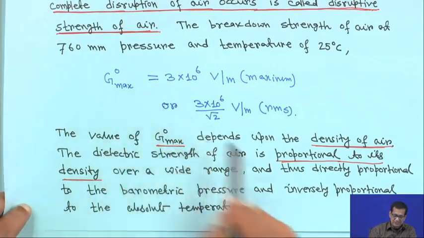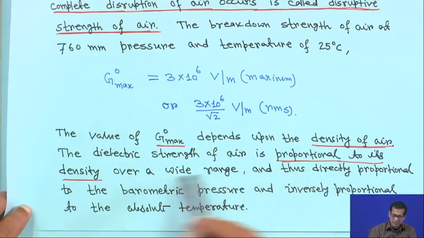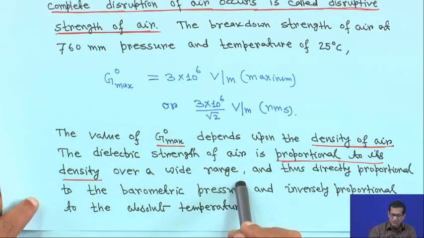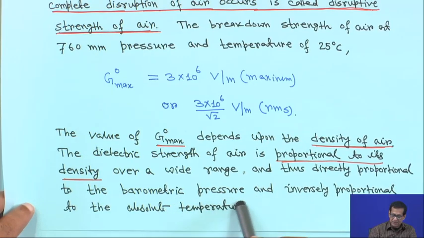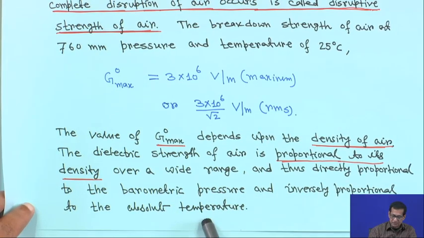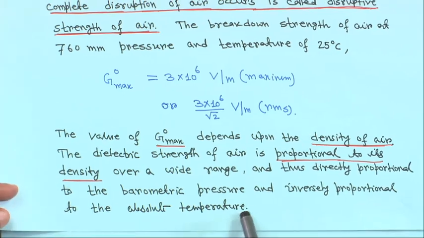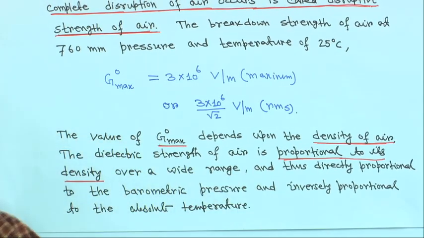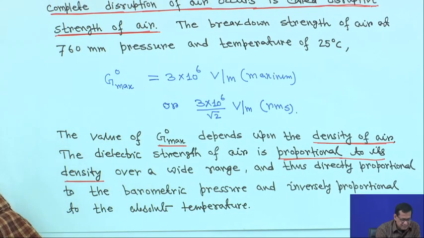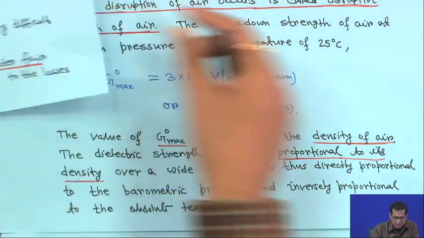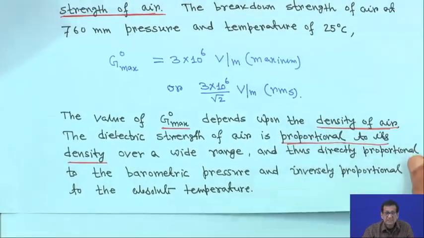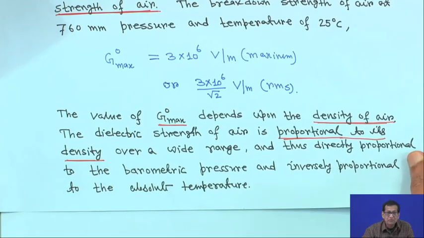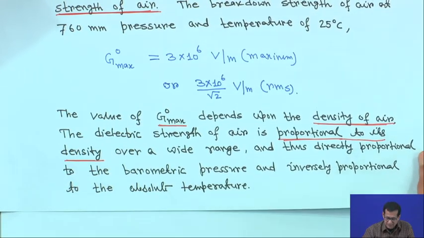This is because the dielectric strength of air is proportional to its density over a wide range, and thus directly proportional to the barometric pressure and inversely proportional to the absolute temperature. Based on that, for the air density factor some formula has been proposed from different field tests, and I cannot give you the proof here, but some kind of empirical formula has been given.